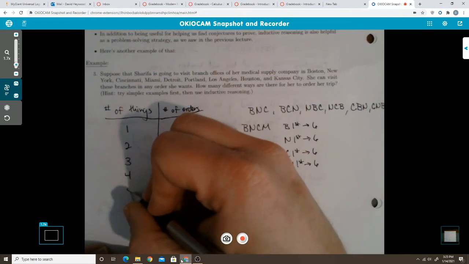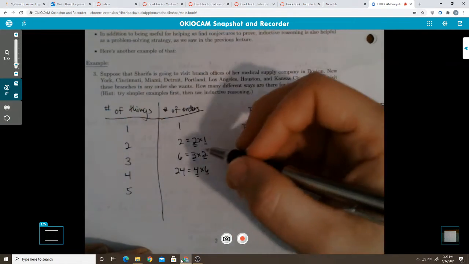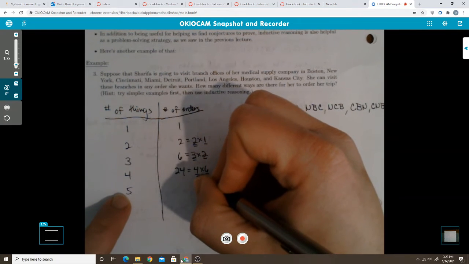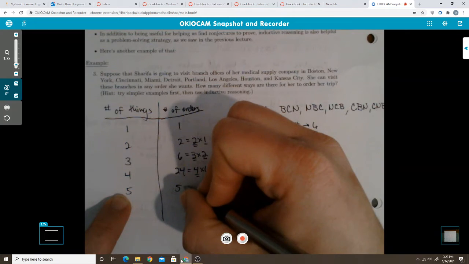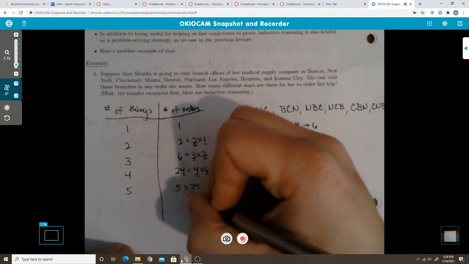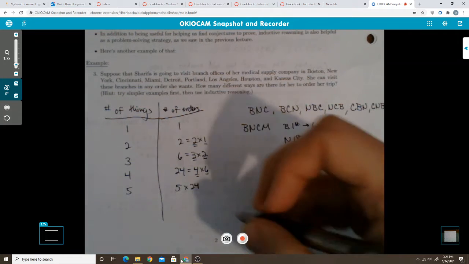So if I had to guess 5, I would guess that the number of ways that you could order 5 objects would be the number of things, 5, times the predecessor, 24, right? So 5 times 24. And let's see. That's 120.